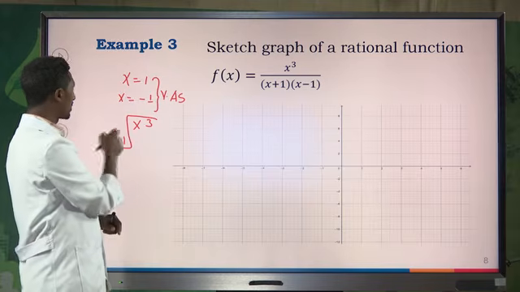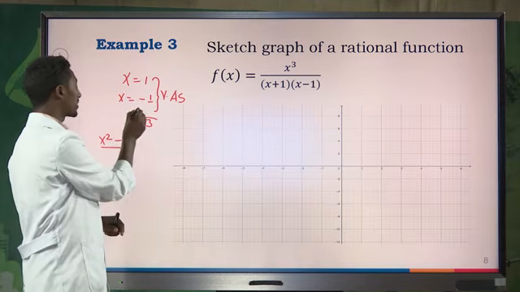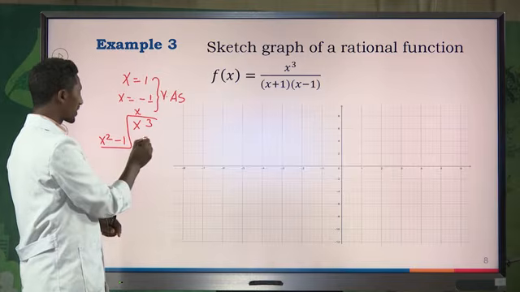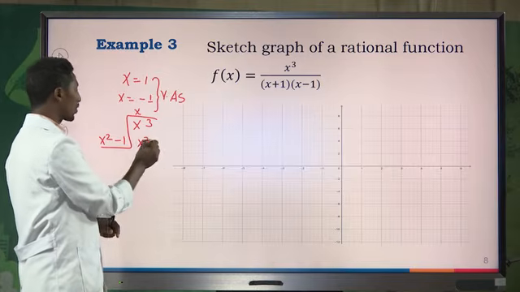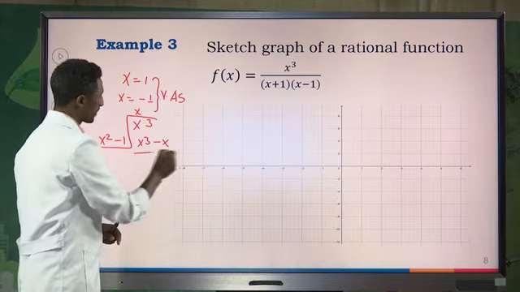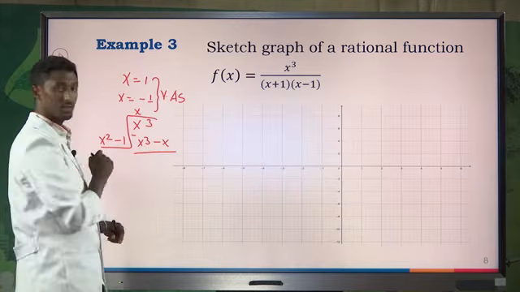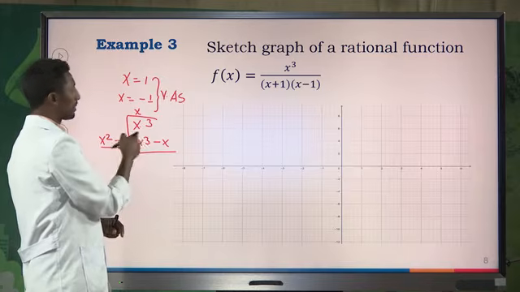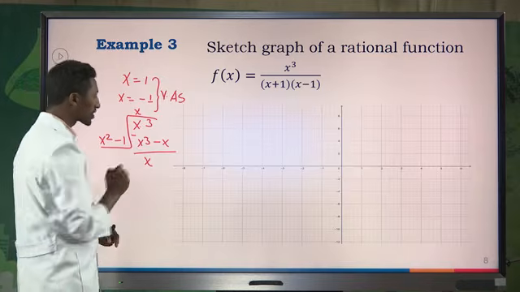x cubed divided by x squared is x. x times x squared is x cubed, x times minus 1 is minus x. Now if we subtract, x cubed minus x cubed is 0, and minus of minus x is x.